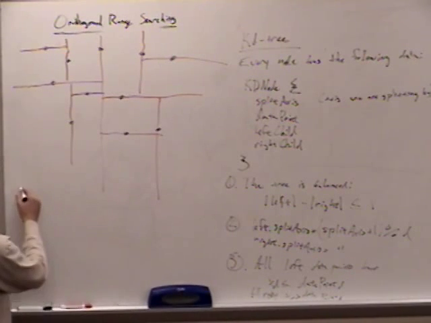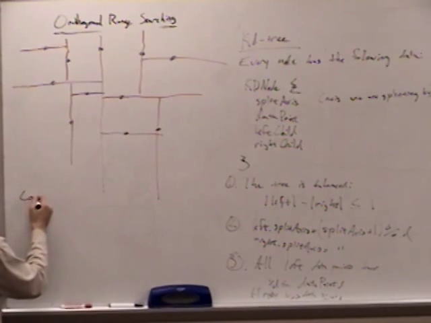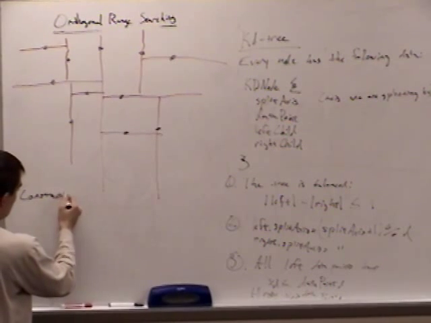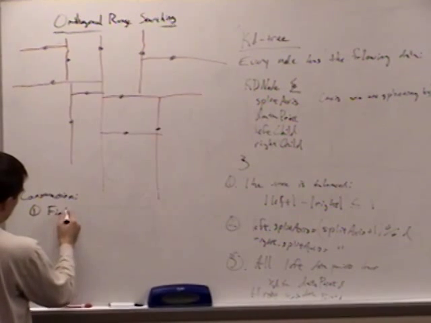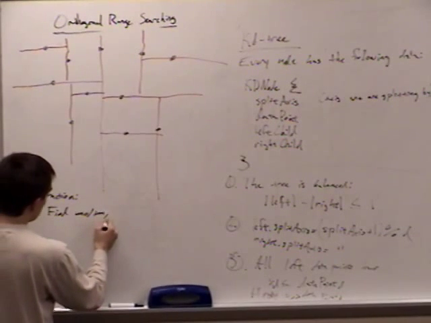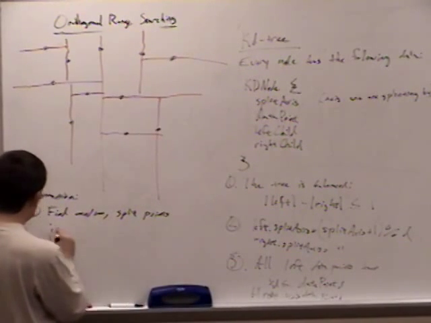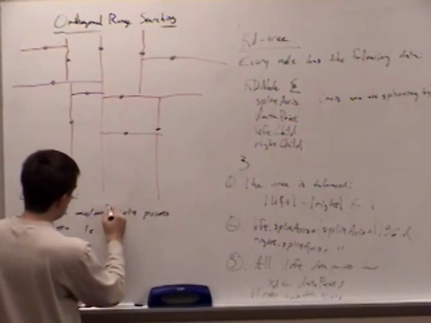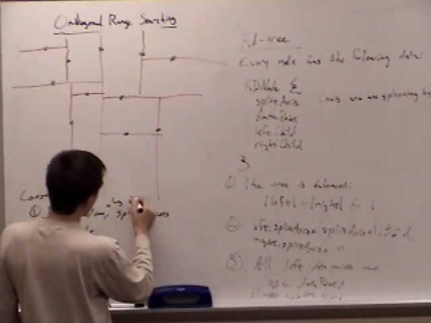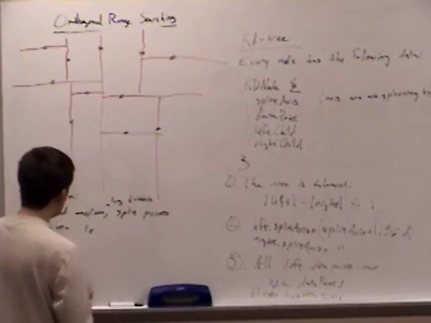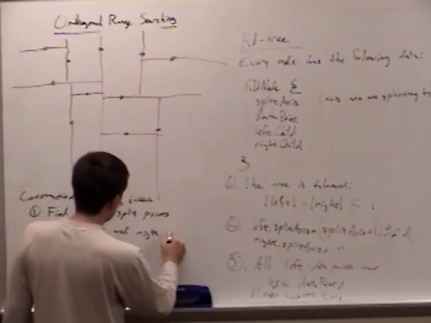All right, so let's go through the construction. One: find the median, split points along the i-axis into left and right parts.